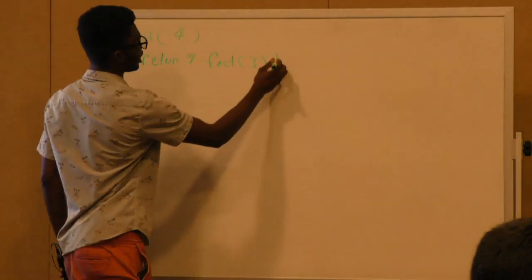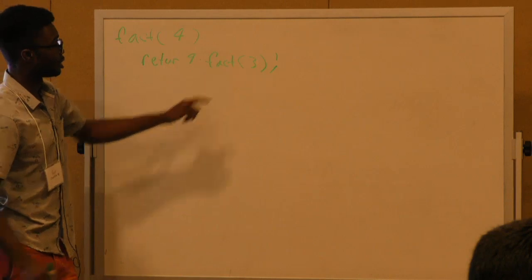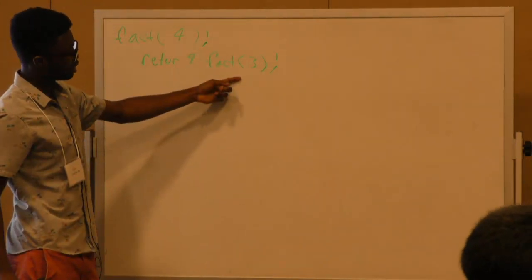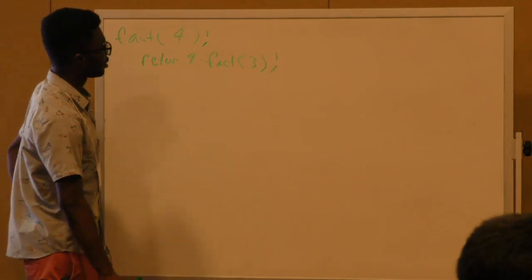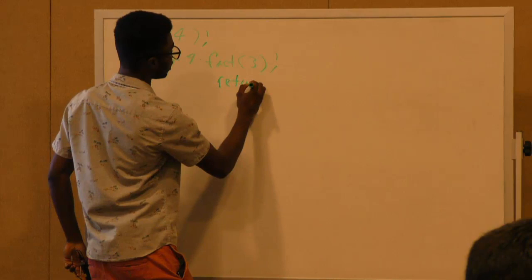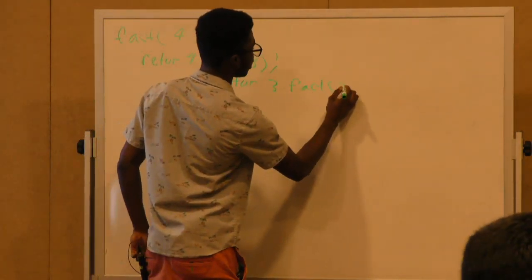All right? So now the program tries to solve for the factorial of 3. Again, the factorial of 3 doesn't meet the base case that we're trying to solve. So for factorial of 3, we get return 3 times the factorial of 2.